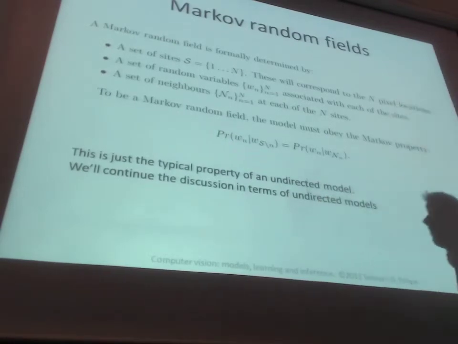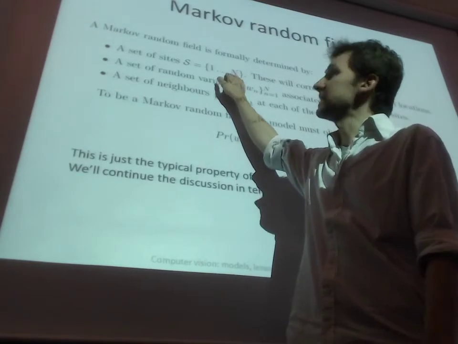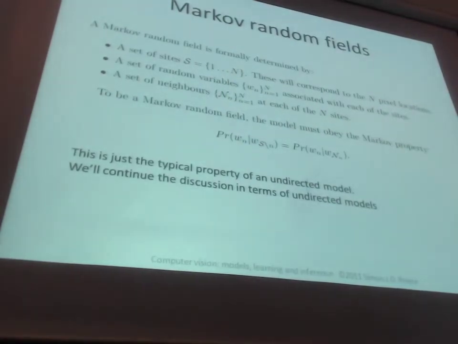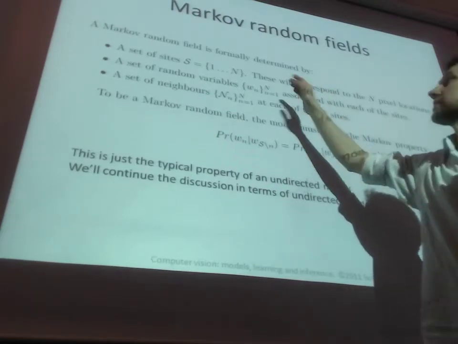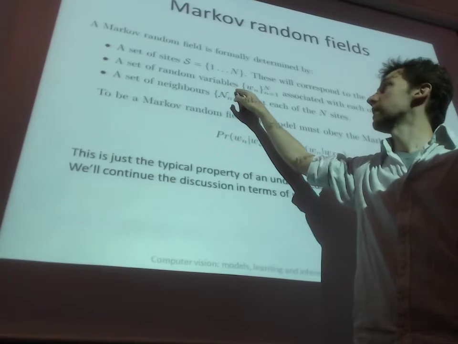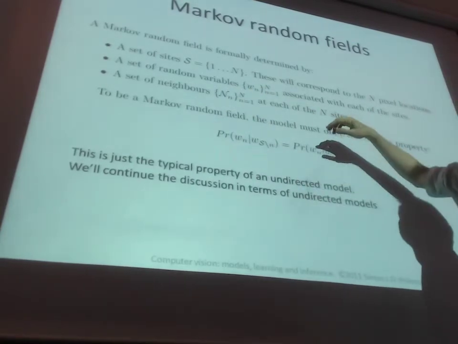So we're going to say, okay, we have a bunch of sites. A site is both the pixel and the state at that pixel, right? So we have N sites, big N, that correspond to different pixel locations. We have N random variables W, each one saying on or off.